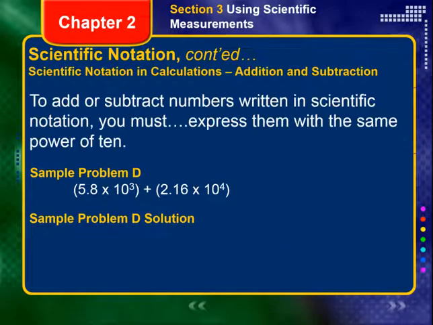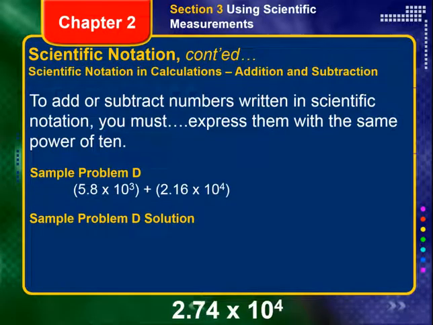Let's do an addition problem here. To add or subtract numbers written in scientific notation, you must express them in the same power of 10. So in this example here, we have 5.8 times 10 to the third plus 2.16 times 10 to the fourth. We can't move forward yet because one of our exponents is 3, the other exponent is 4.